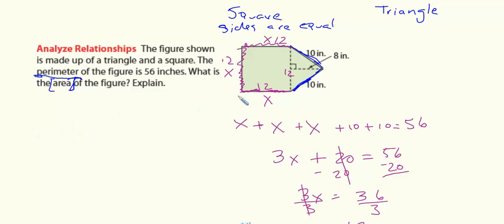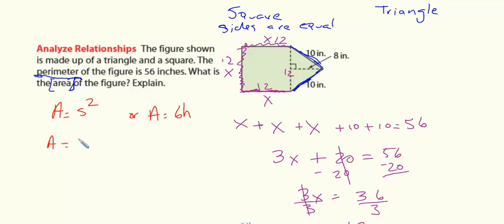So the area of this square: area equals s squared, or you'll see it as base times height. Either way, it's 12 times 12.